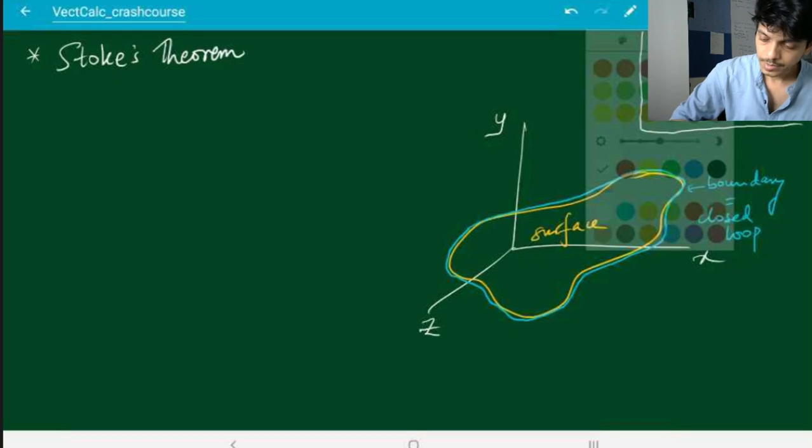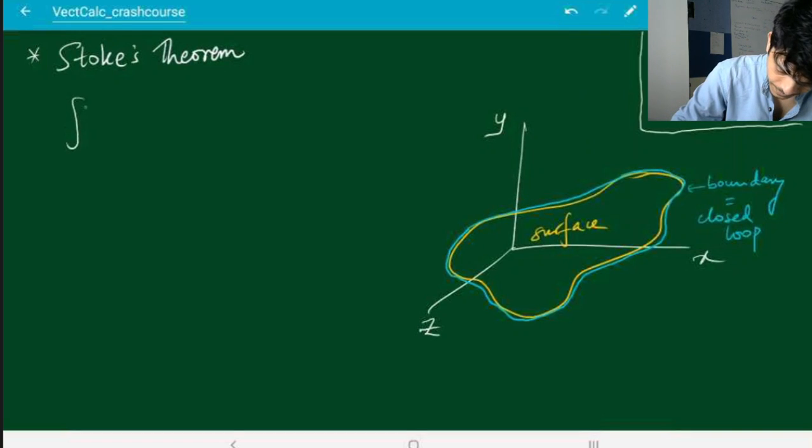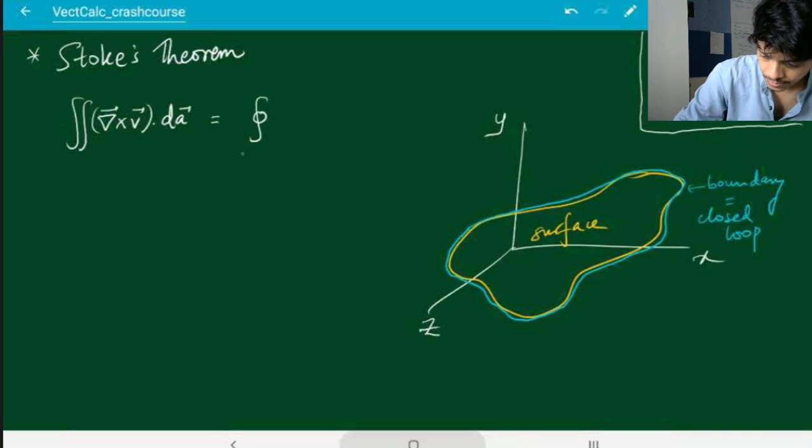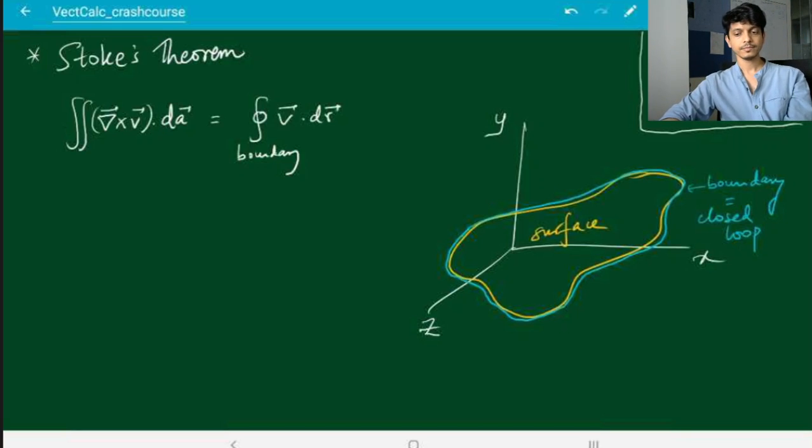So what Stokes' theorem says is that a surface integral of the curl of a vector field over the area is just the closed loop integral over the boundary of v dot dr. So that's Stokes' theorem for you.